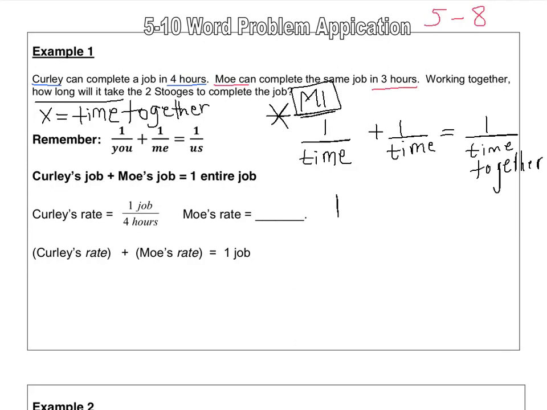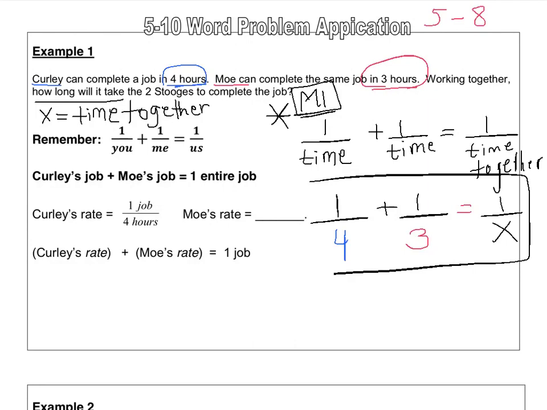So 1 over the first time, which is 4 hours, plus 1 over the second time, should equal 1 over the time that they have taken together, and in this case it's x. So this is how you set up your equation.